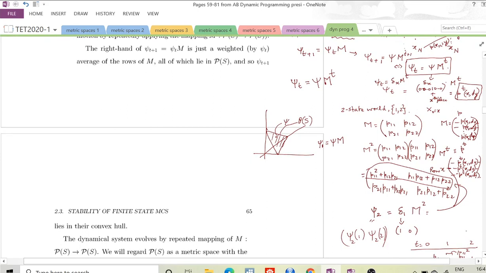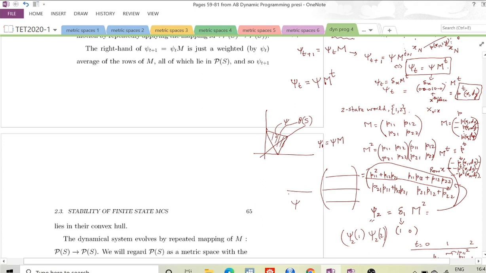So how can we look at this C times M? Well, this M is some matrix. For a 3-state world, it will be a 3 by 3 matrix. And this C is the initial distribution, so that's sitting here, right? Initial distribution across 3 states.